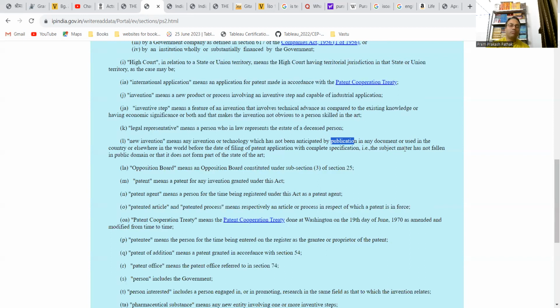That is, the subject matter has not fallen in the public domain, or it does not form part of the state of the art. That means it is not known, it is novel, it is not published, it is not used, people do not know about it, there is no written document or any proof of its existence, then it is called a new invention.